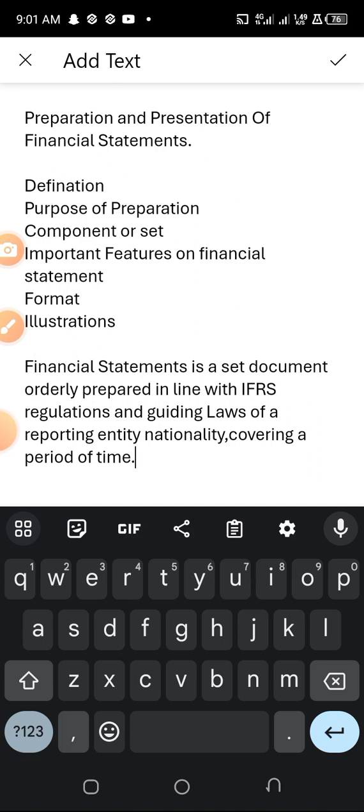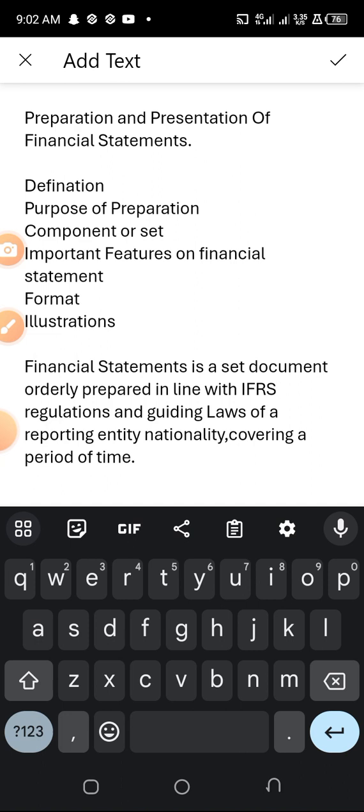So let me put it straight. Financial statements, you prepare them in line with IFRS, International Financial Reporting Standards. So they have regulations, guidelines and principles that guide the accountant as to how to treat various items that are embedded in each of the financial statements.